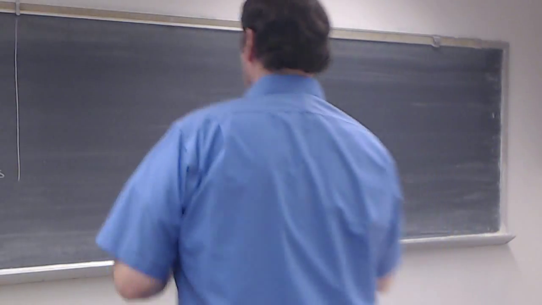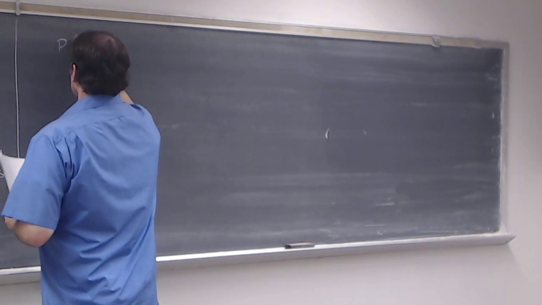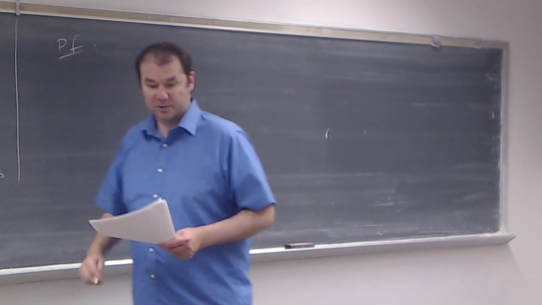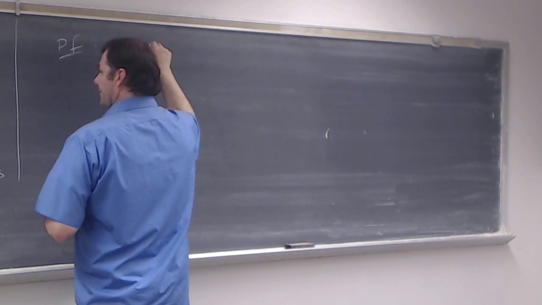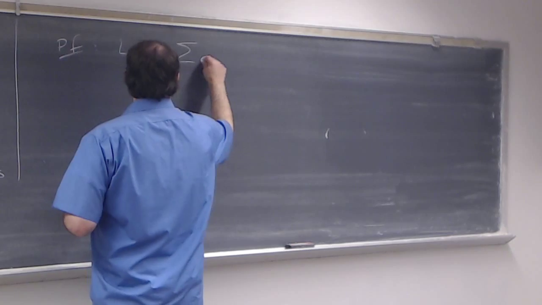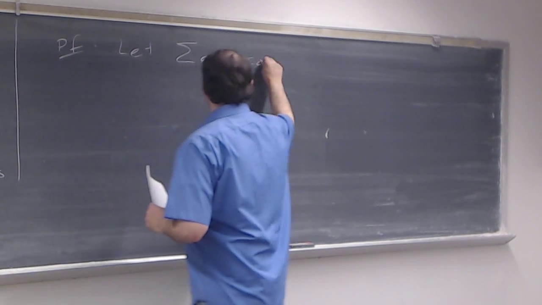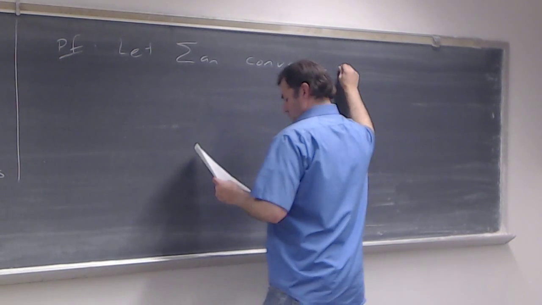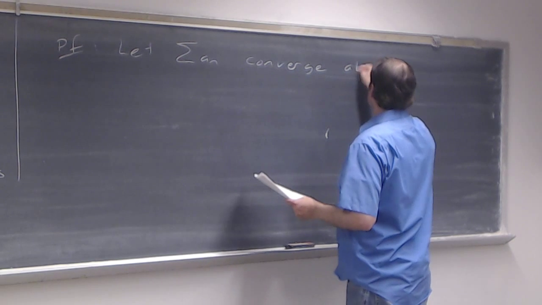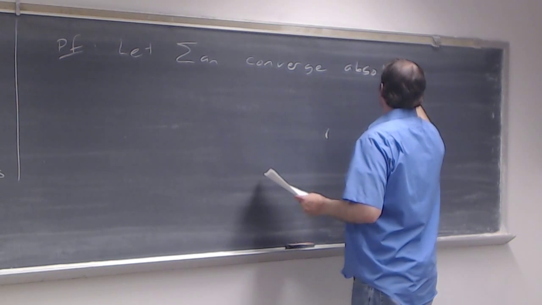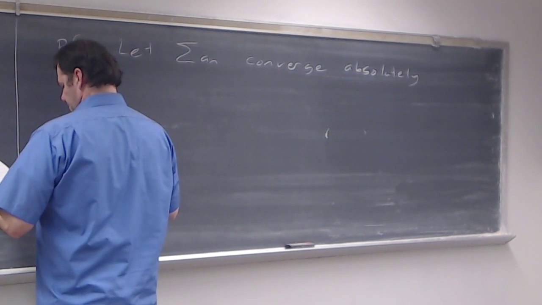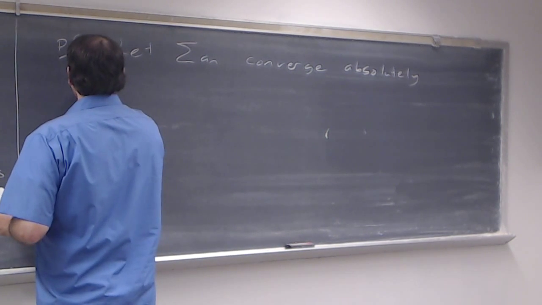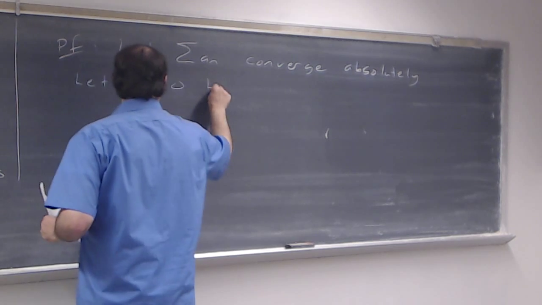So here's the proof that we'll present, and this is based on comments made about the proof from our text. We're going to let the series of a sub n converge absolutely. Let epsilon be greater than 0 be given.